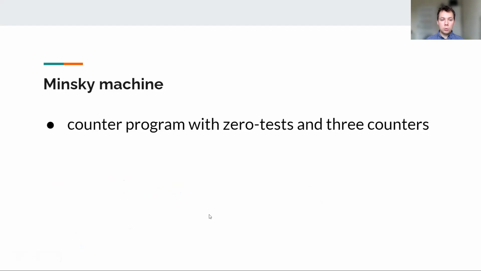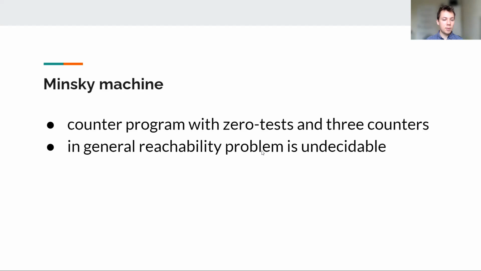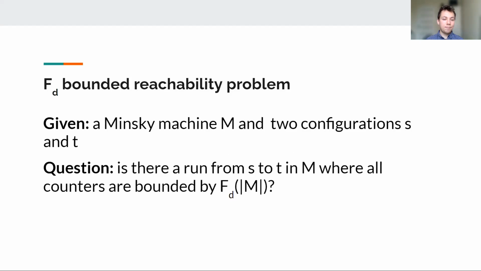Okay, so now I will define the Minsky machine. This is a counter program with zero tests and 3 counters. The only difference, so the difference to VASs is that VASs don't have zero tests. So this is the key difference. In general, the reachability problem for Minsky machines is undecidable, but we have the bounded reachability problem.